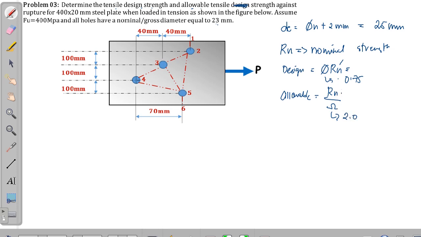Of course, we need to solve the value of Rn. Okay? So, solving for the Rn. So Rn, or the nominal strength, is equal to FUAE. Okay? FUAE.